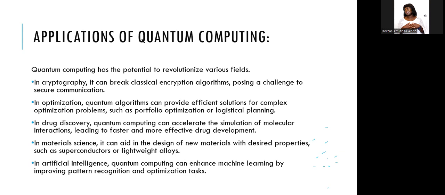Under the areas of application for quantum computing, it can be used in cryptography. It can break classical encryption algorithms, posing a challenge to secure communication. That's why quantum computing is being used in security. Maybe something that you learn further on, but there are famous algorithms in quantum computing.